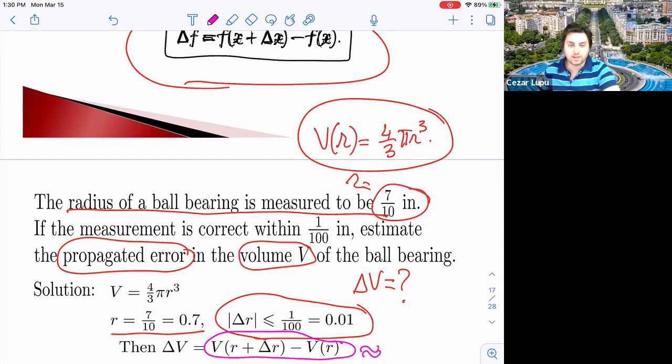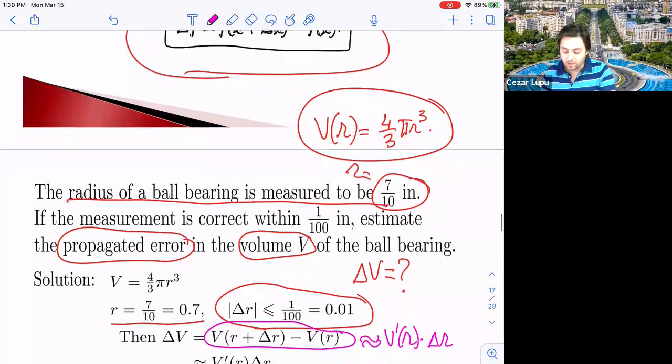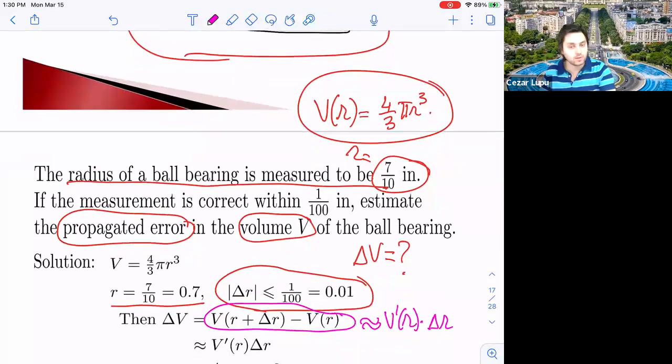Exactly, like Nolan says, it's V prime of R times delta R. Great. So I can approximate this difference in this way.